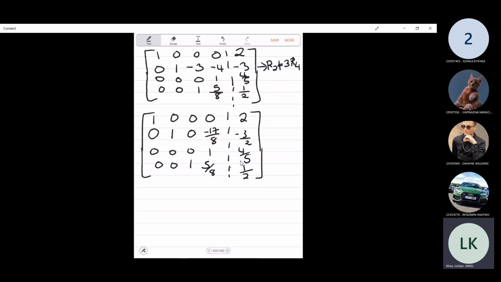Okay, so, or let me, I don't want to write too much. So we can make this one here as 0. And to do that, we just say row 2 plus 17/8 times row 3.